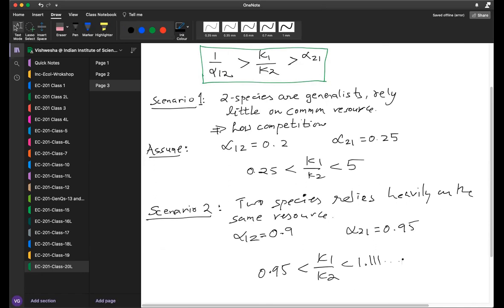So now compare scenario 1 and 2. What can you conclude from scenario 1 and 2? The range is higher. The range for coexistence is much higher for scenario 1, right? Is that right? So this we can say is high competition.